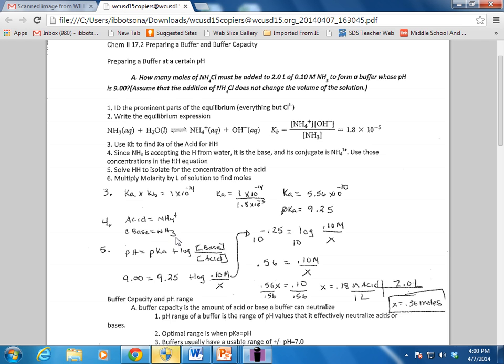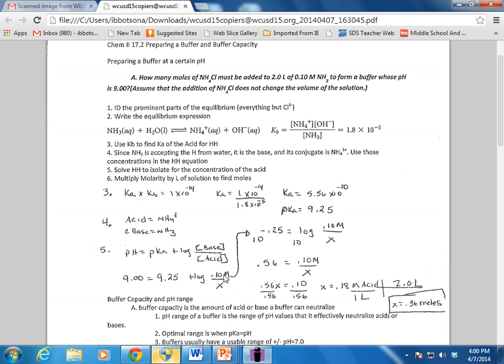I'm not worried about diluting anything at this point because the total volume is the same, so we don't have to worry about that in terms of the concentrations. Henderson-Hasselbalch: pH is equal to pKa plus the log of the base concentration over the acid concentration. Plug in the information I know. I know the pH of my buffer was to be 9, and the pKa was 9.25, plus the log of the base concentration divided by the acid concentration.